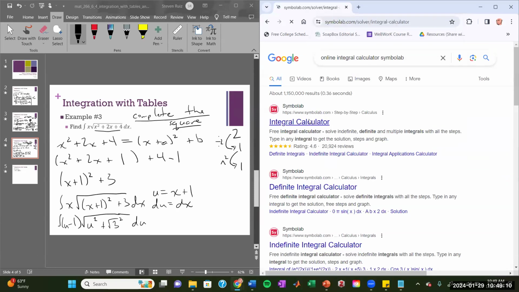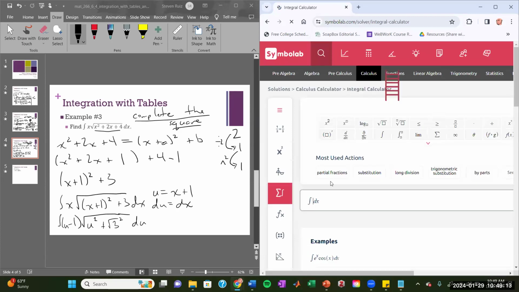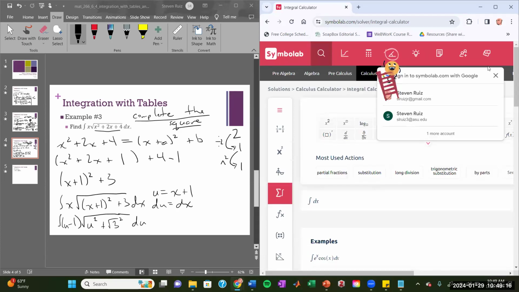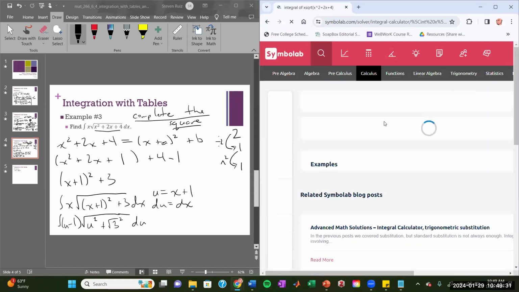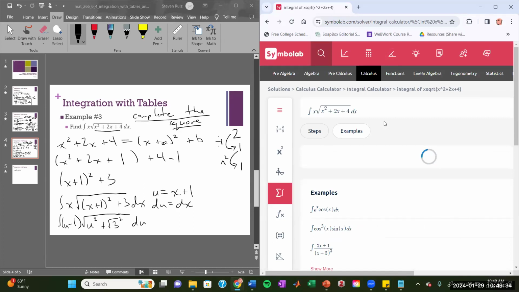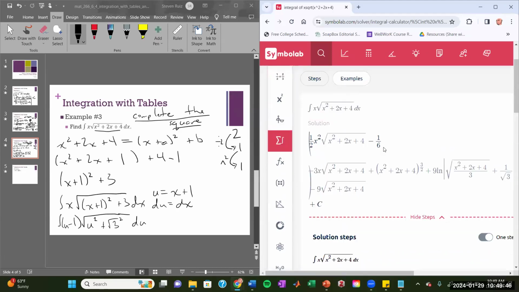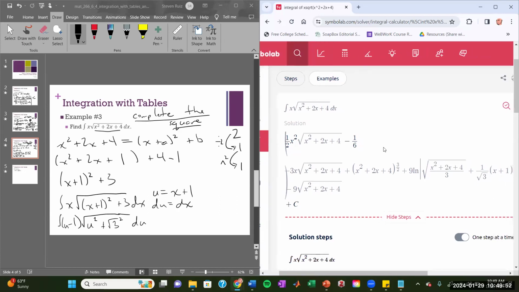Let's try Symbol Lab. They do good things too. All right, so there's your solution.